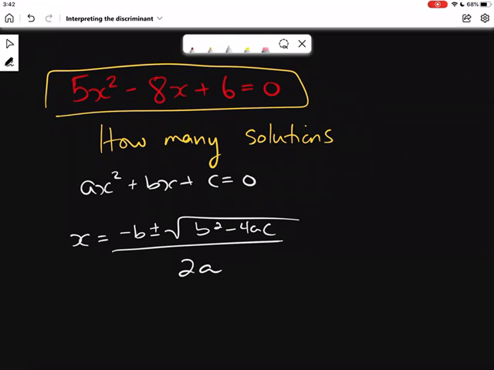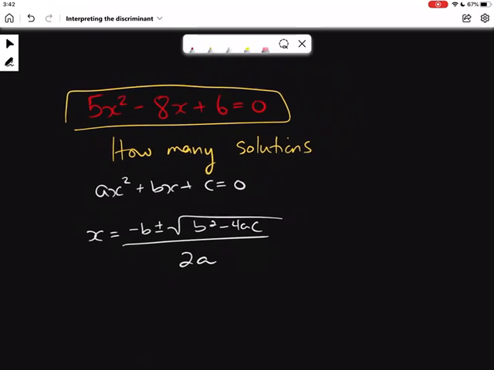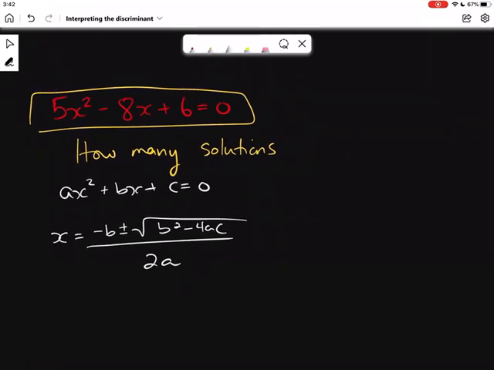I can plug these numbers in to figure out what x is, but if I'm concerned with how many solutions, I really only need to focus on this part, the b squared minus 4ac. I'm going to show you why.